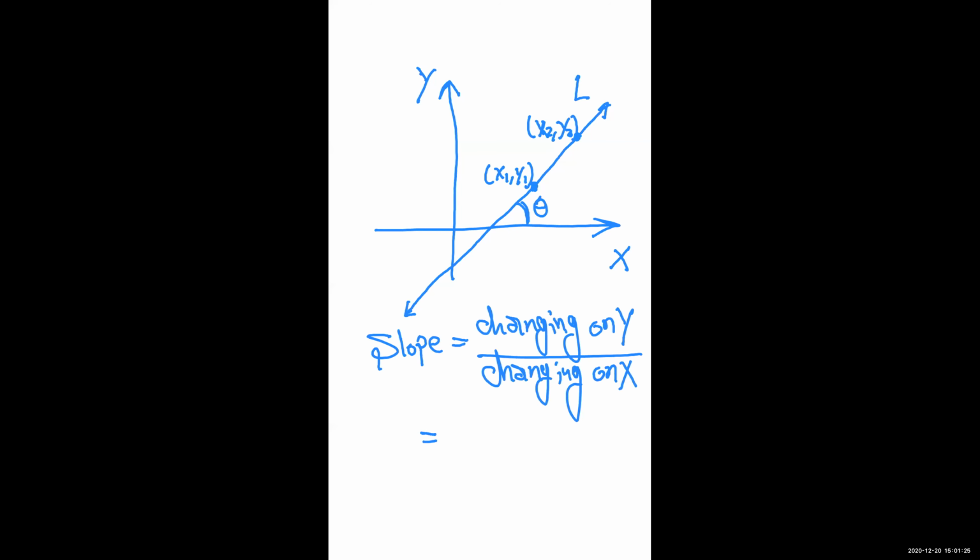So that was y2 minus y1 over x2 minus x1, okay?